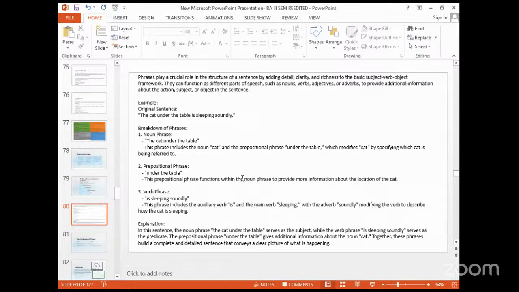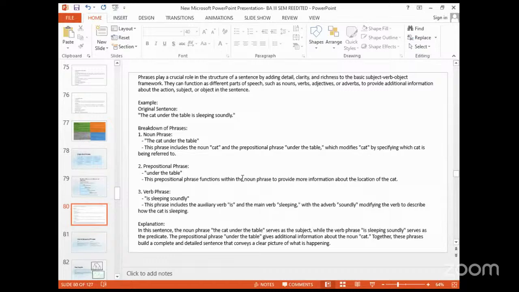Right, prepositional phrase again, under the table. This prepositional phrase functions within the noun phrase to provide more information about the location of the cat. And when you talk about this verb phrase, is sleeping soundly, this phrase includes the auxiliary verb is and the main verb sleeping, with the adverb soundly modifying the verb to describe how the cat is sleeping.